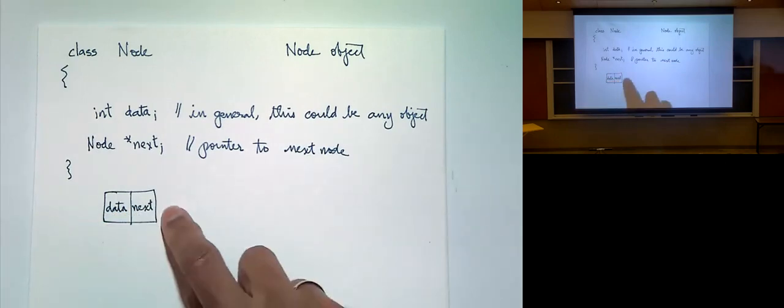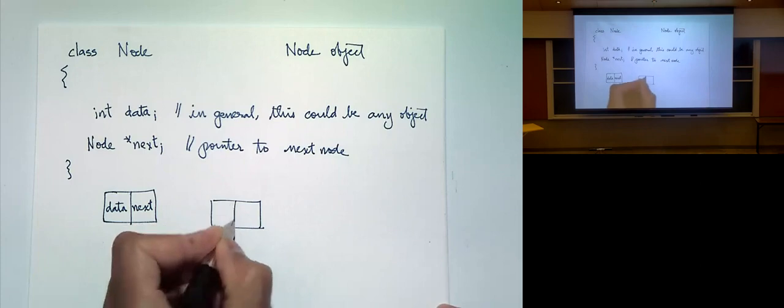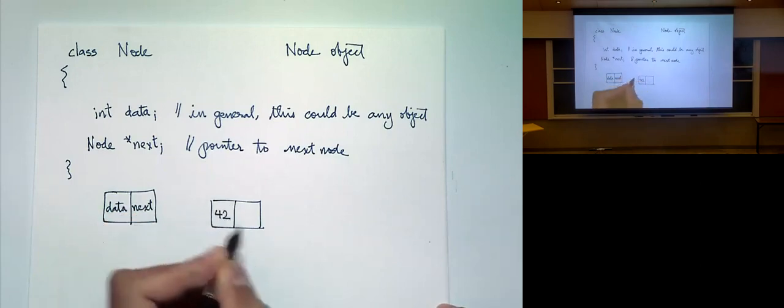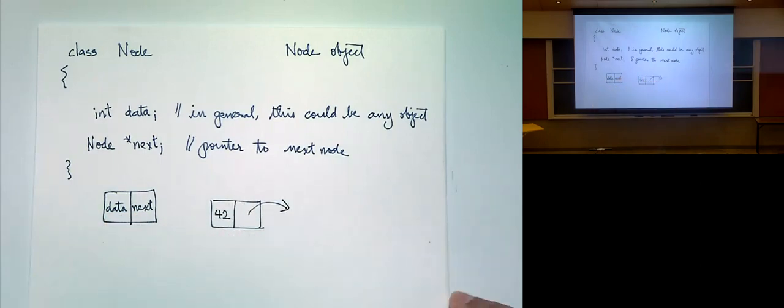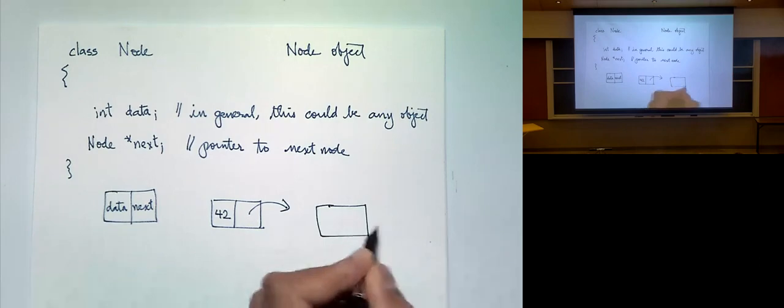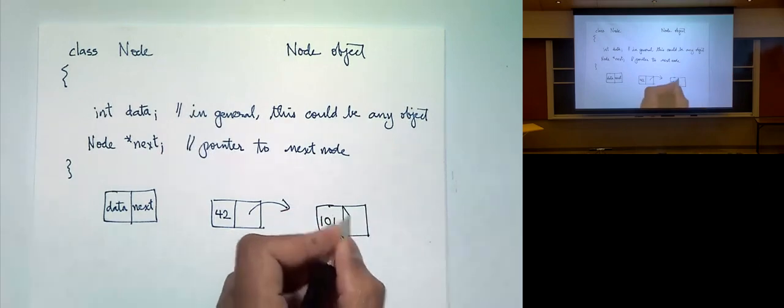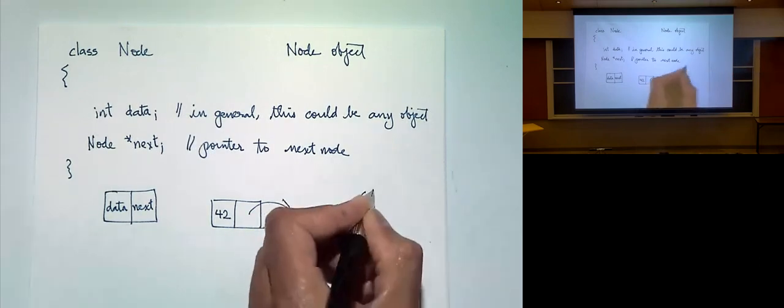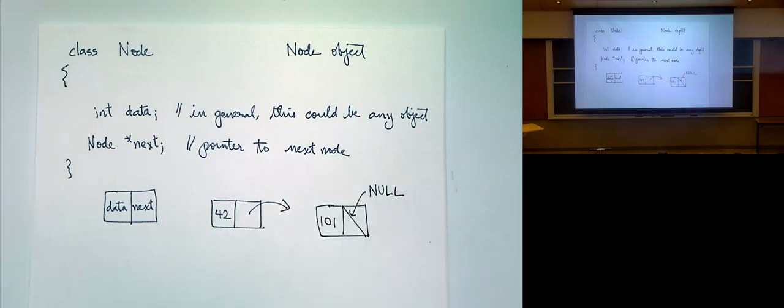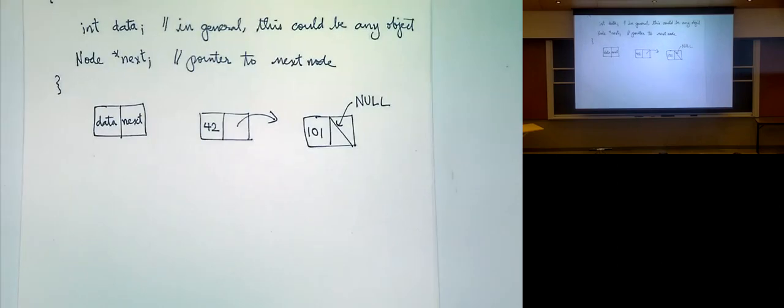This is often drawn as a number, 42, and then a pointer to something. This is how we draw this. And often if I want to show null, that's that. I'll just call this null, which is just a pointer that is an empty or zero pointer. So this is your class node. This is the first thing that you would write. And then let me just write a constructor.